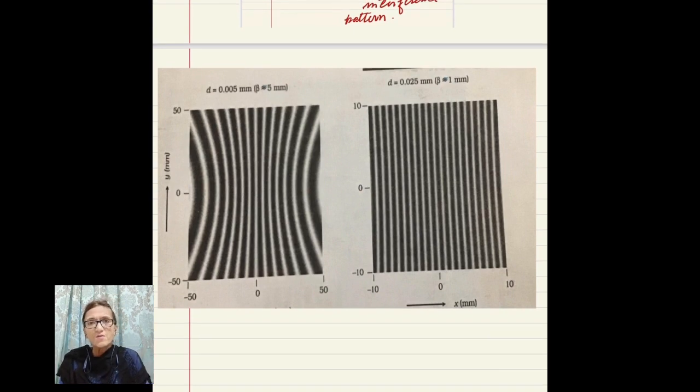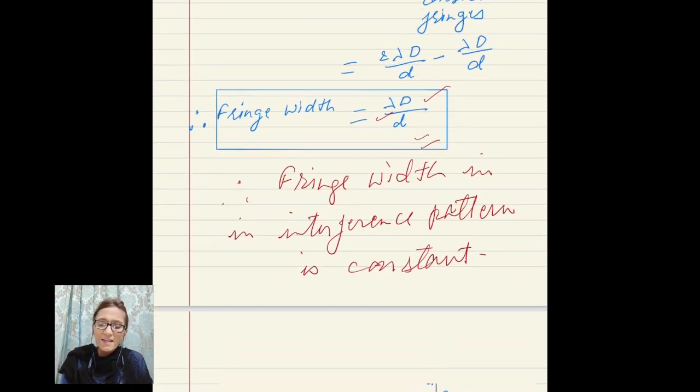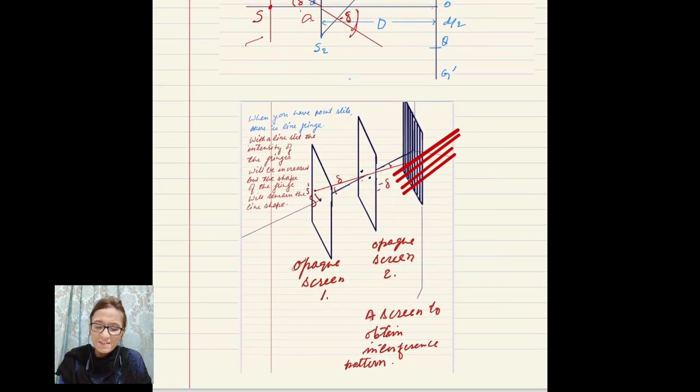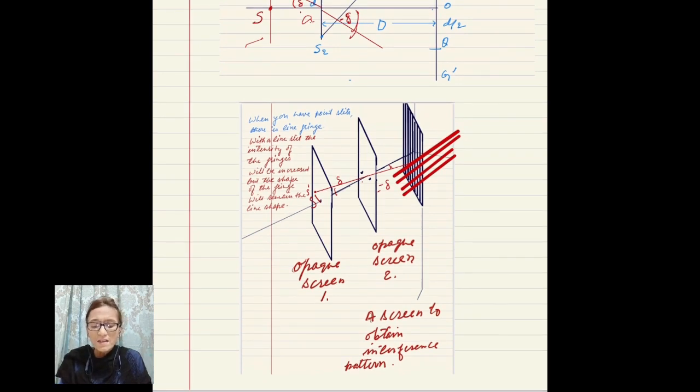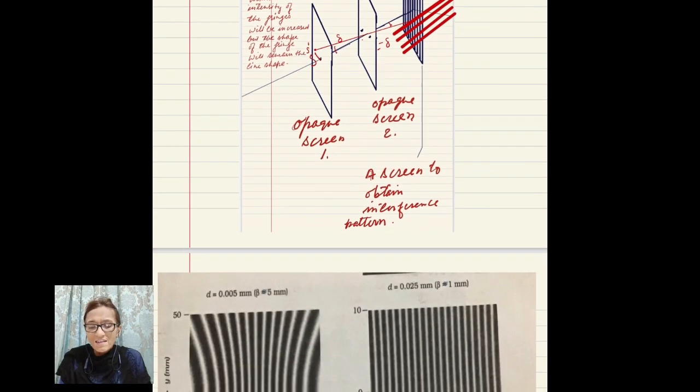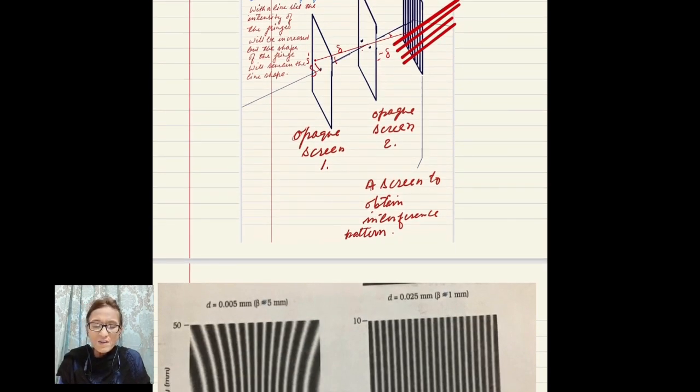Now, the pattern of these fringes. You will find that when the distance between the screen and the sources is small, these fringes are in the shape of a hyperbola.